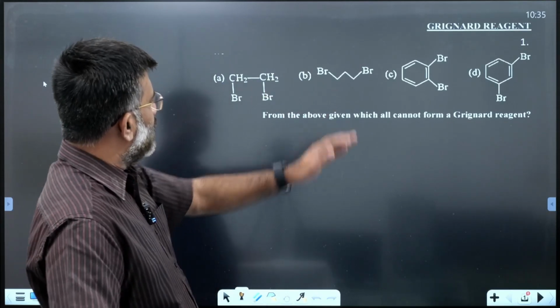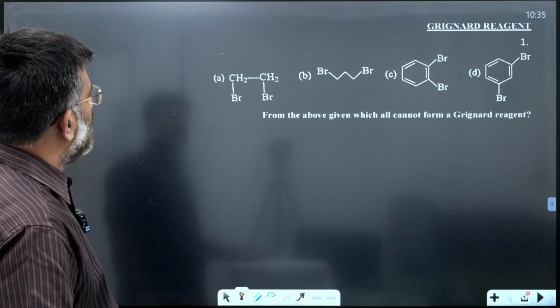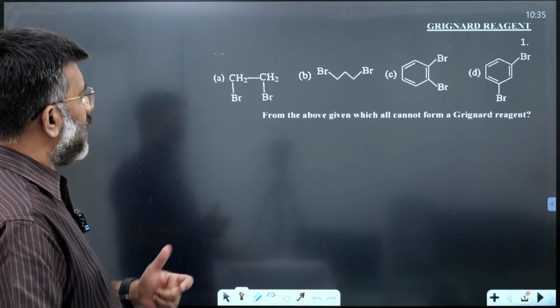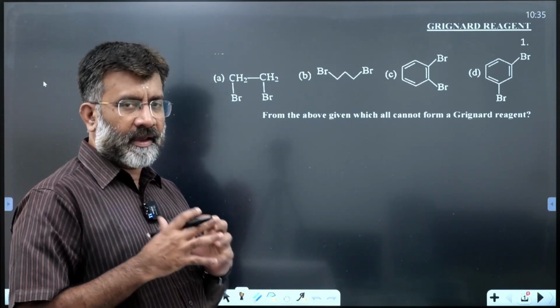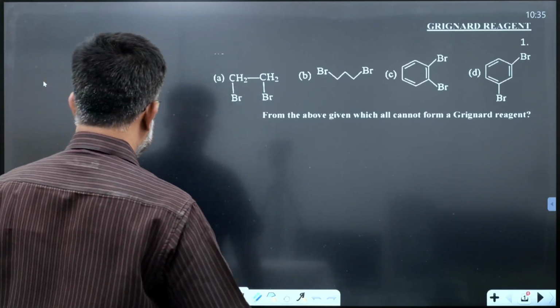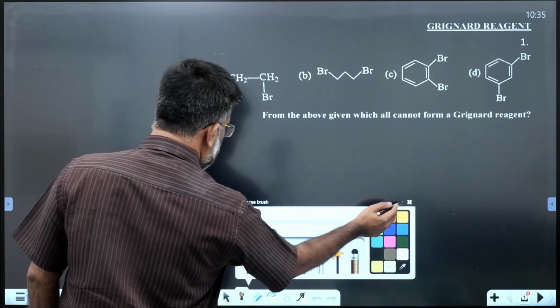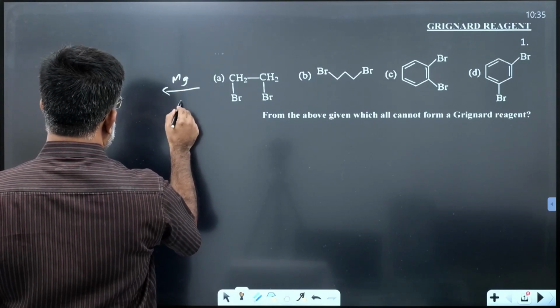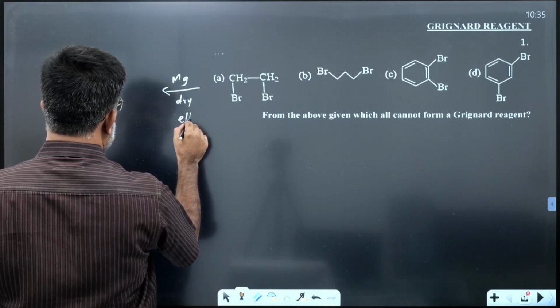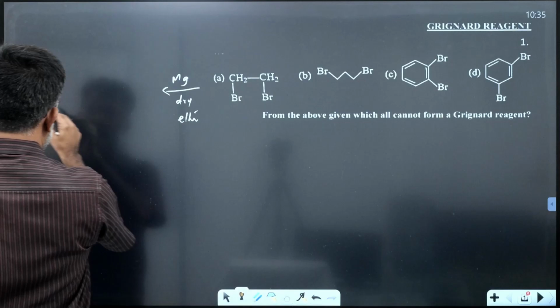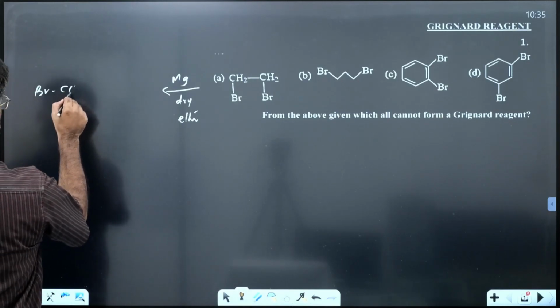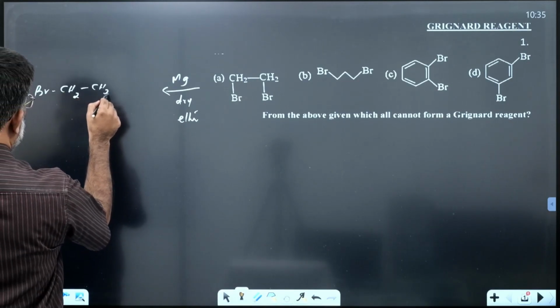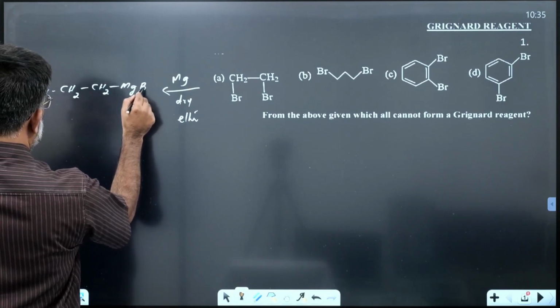There are options A, B, C, D given, and the question is which of these cannot form a Grignard reagent. Suppose we take option A, treated with magnesium in dry ether. What you will get is Br-CH2-CH2-MgBr.